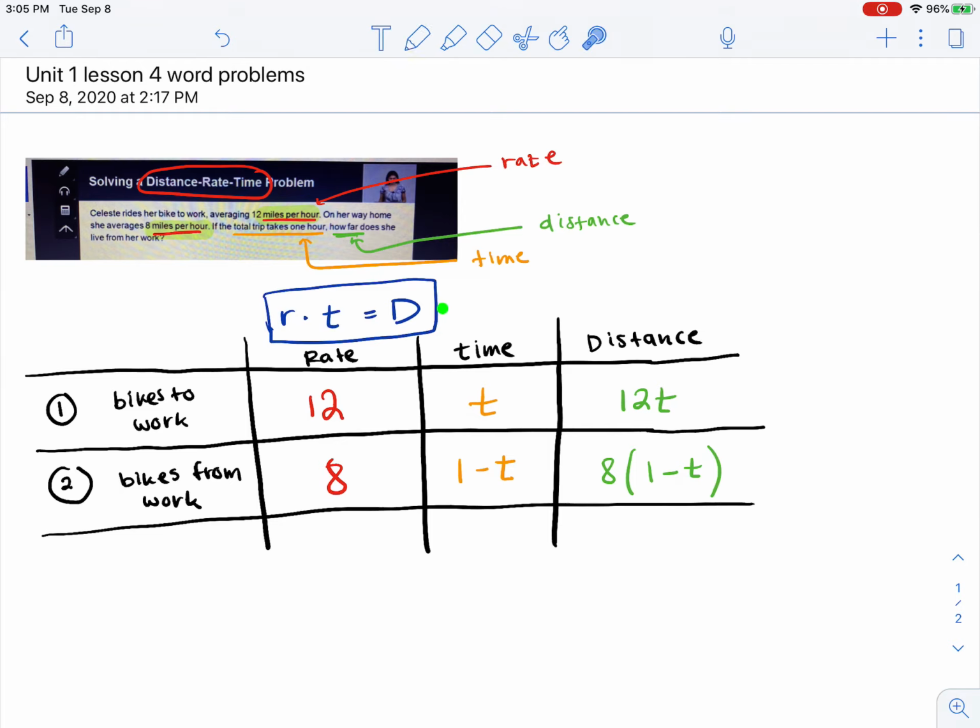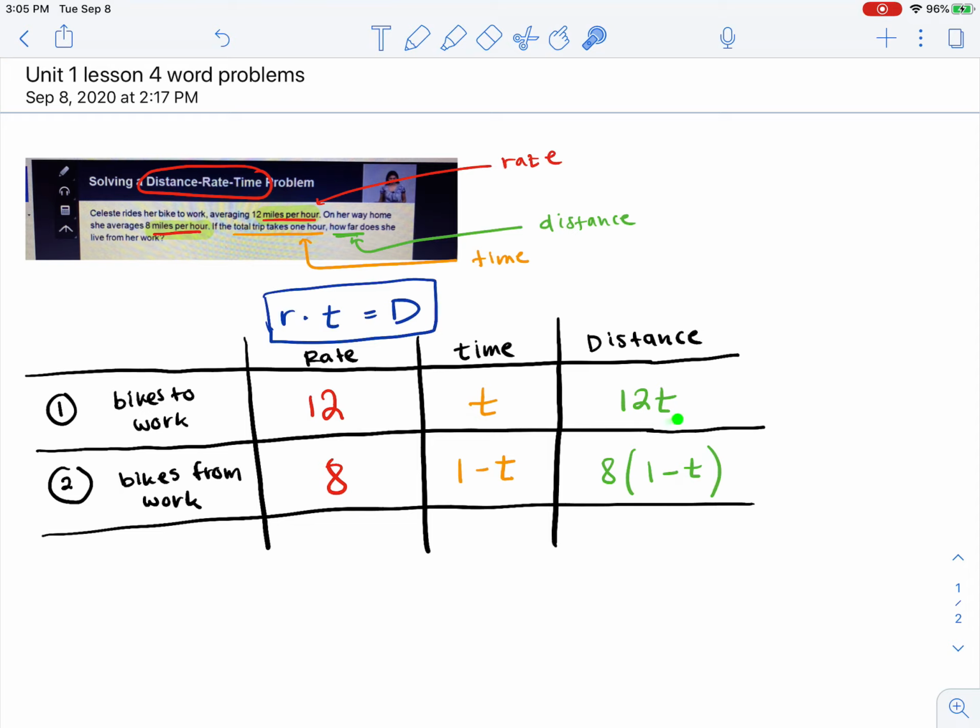So I use this equation, but you might realize, it's nice that I have something for this table, but I still don't know how far she lives from work. I still can't answer that question. You'll notice even though her speed from home to work and from work to home is different, the distance from home to work and work to home should be the same.